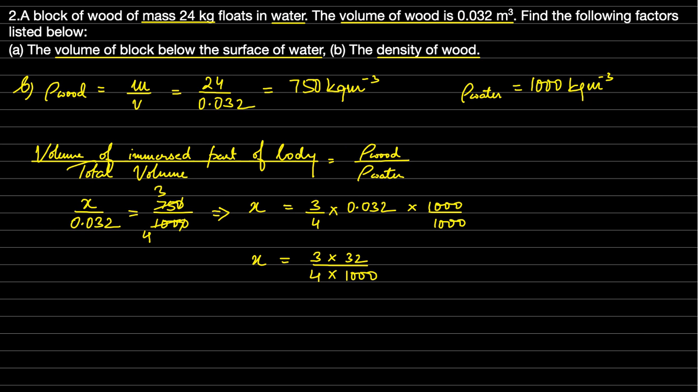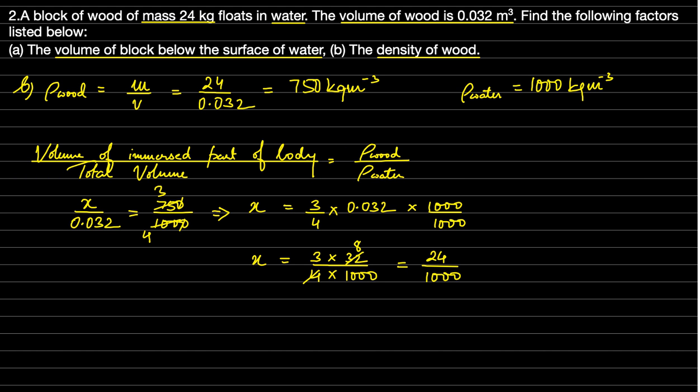Now 4 8s are 32, and 8 into 3 is 24. So we get 24 divided by 1000. Do not cancel this as that would complicate things.